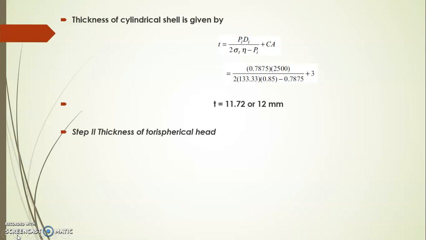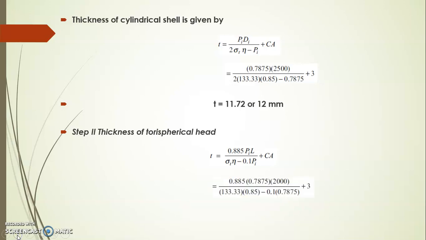Now we will calculate thickness of torispherical head. Step 2. Therefore thickness of torispherical head is given by t is equal to 0.885 Pi into L divided by sigma T eta minus 0.1 Pi plus Ca.